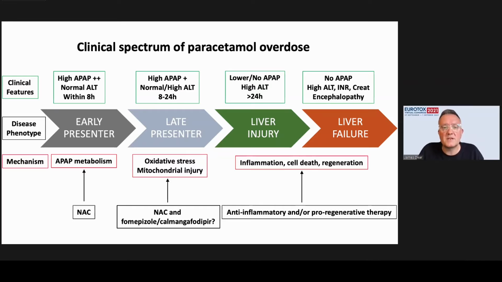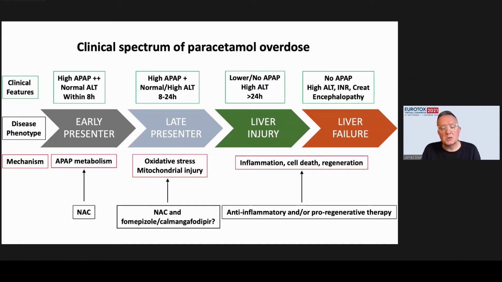Those early presenting patients have a high paracetamol level in their blood, but their ALT is normal, and the predominant process going on in these patients is metabolism of the paracetamol. And in these patients who've presented within around 8 hours of the overdose, acetylcysteine, or NAC, is very effective.